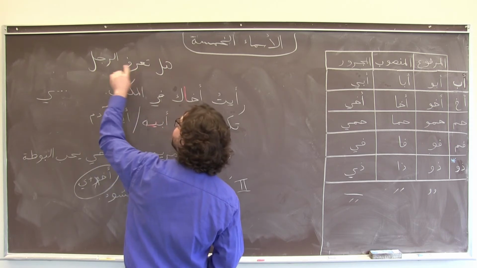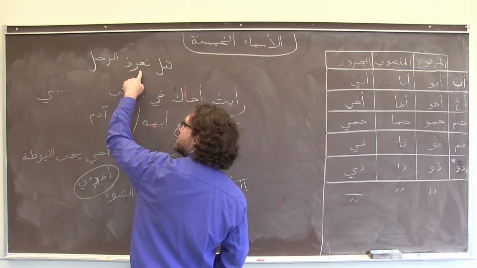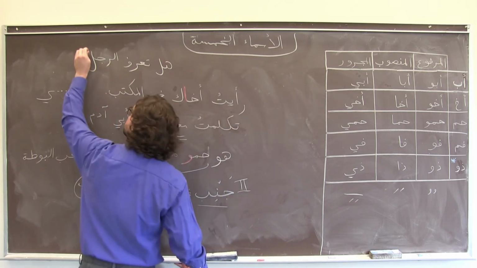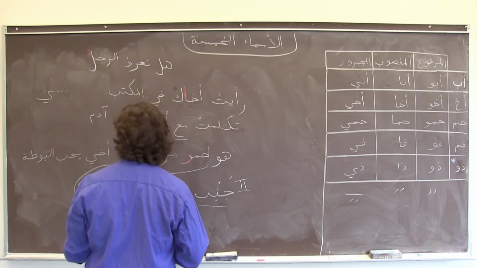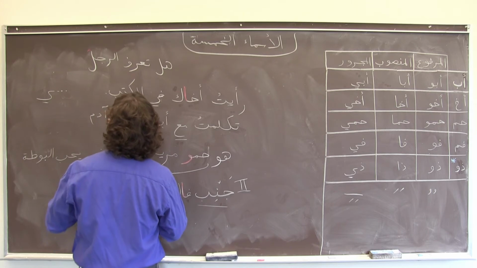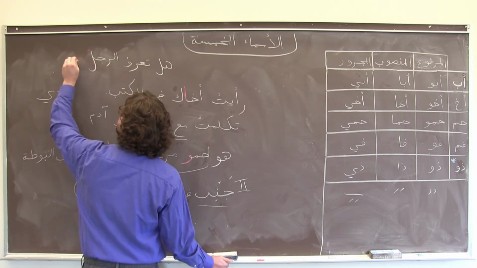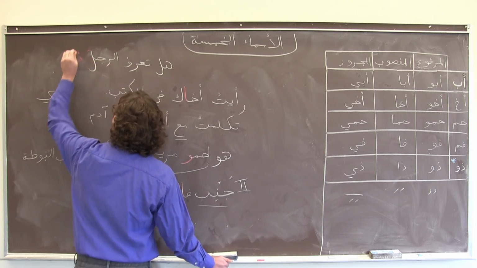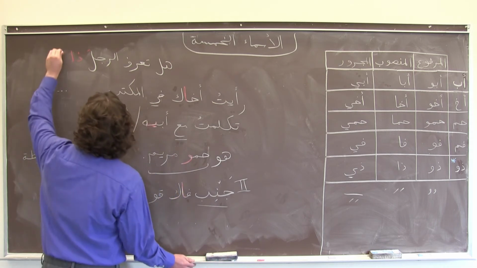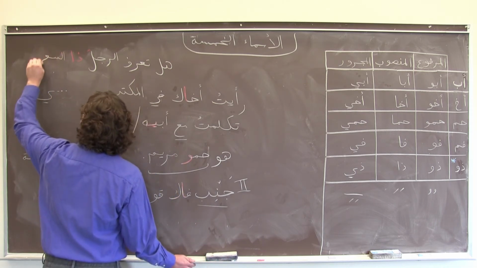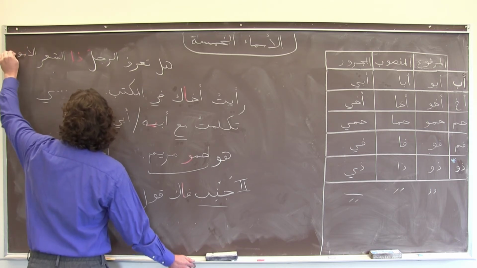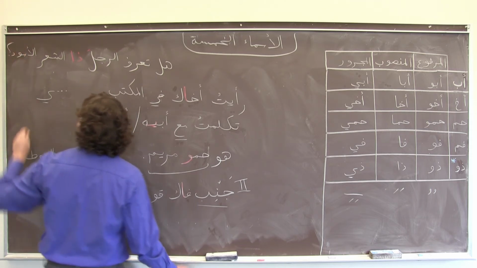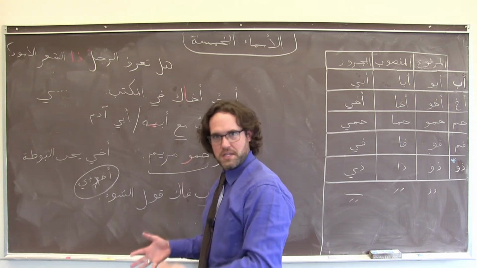Now here, الرجل is the object of تعرف. Do you know the man? So it's mansub. We would add a fatha there if we were vocalizing our entire sentence. And then, because الرجل is mansub, ذا الشعر الأسود. Do you know the man possessing black hair?